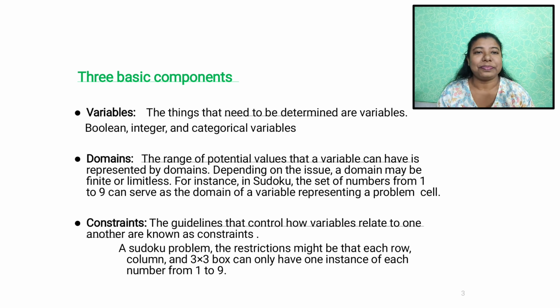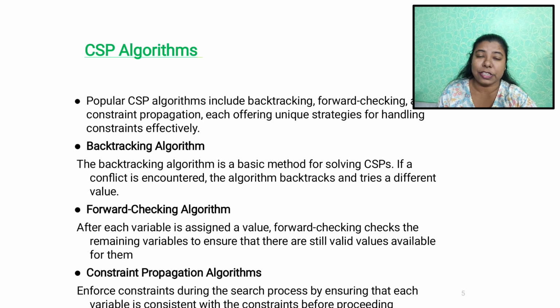Now here it is. What are the constraints? The guidelines that control how the variables relate to one another are known as the constraints. Simple, as I discussed in the Sudoku problem, the restriction might be that each row, each column and each 3 cross 3 block only uses the numbers 1 to 9 without repeating them. So these three things are the basic components of constraint satisfaction problems.